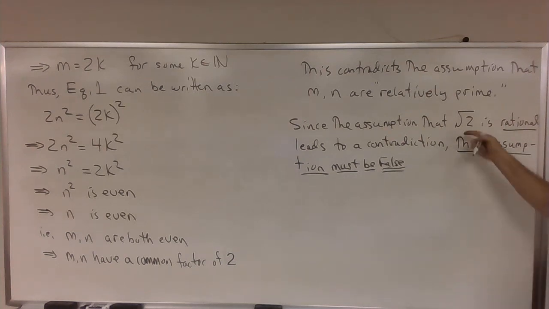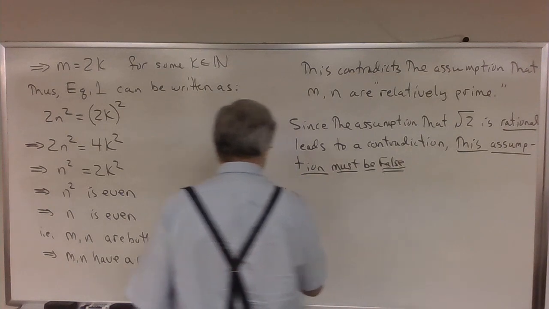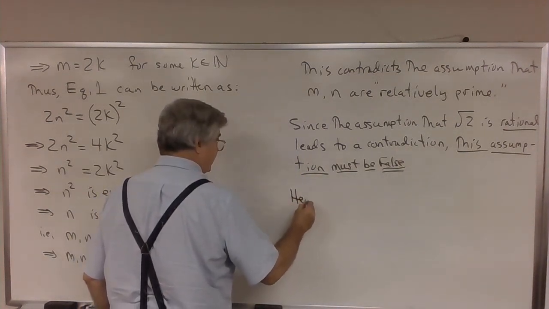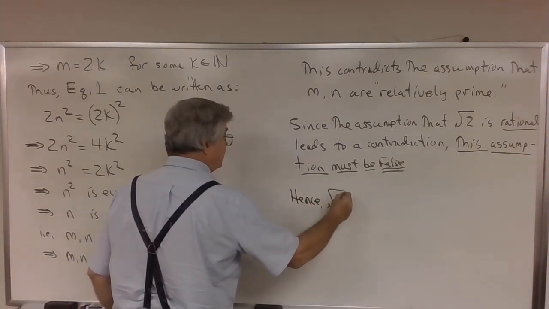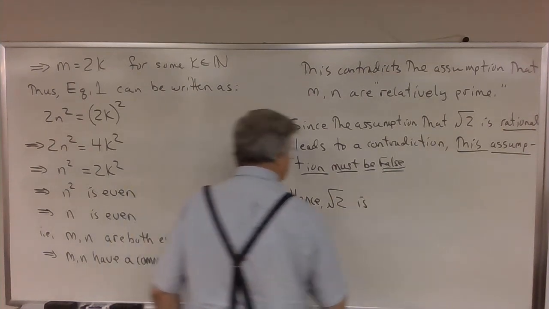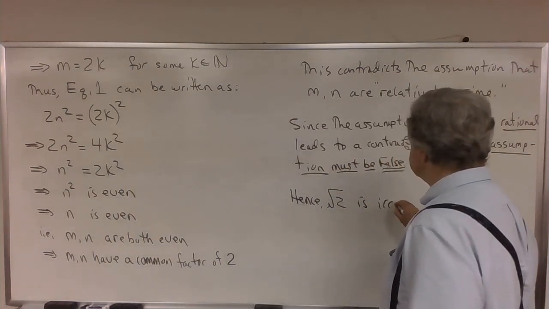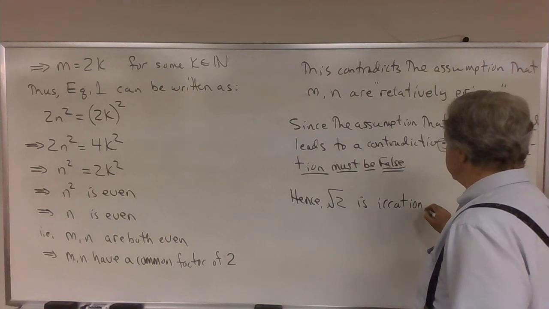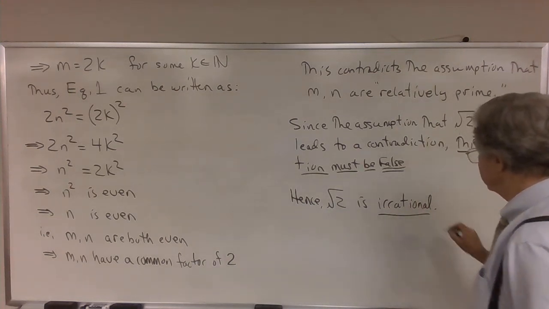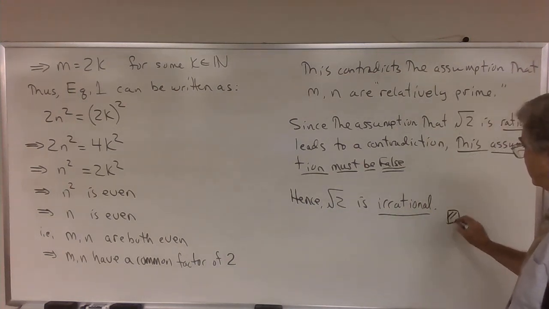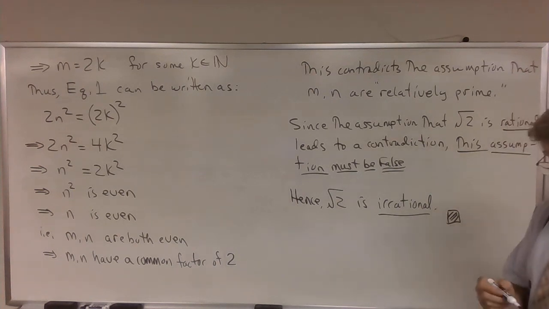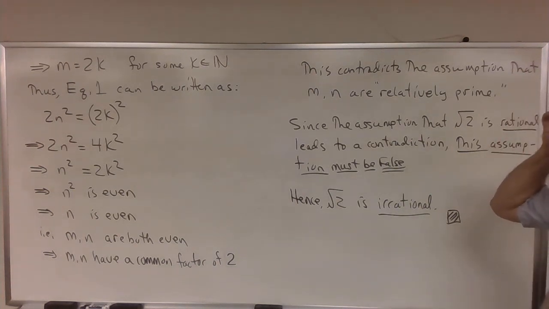What assumption? The assumption that the square root of 2 is rational. So, the square root of 2 is irrational. And that concludes our proof.